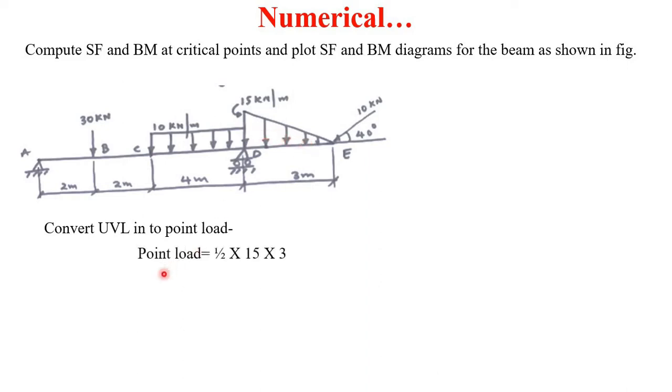This point load, as we know, is equal to the area of this triangle. So it is one half into the base of the triangle, that is 15 kilonewton per meter, and the height of the triangle, that is 3 meters. So the point load is one half of 15 into 3.